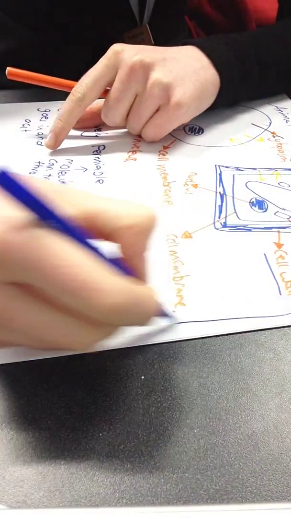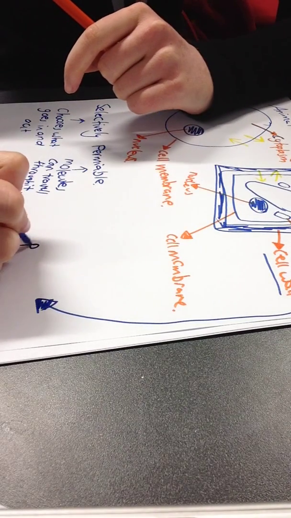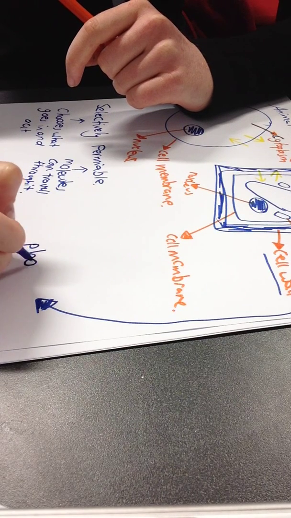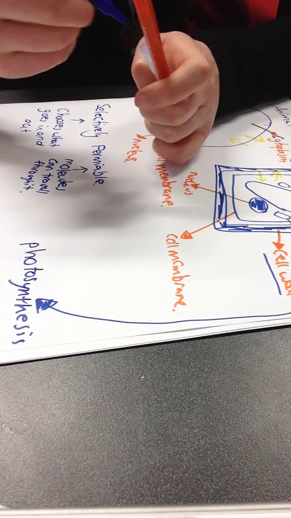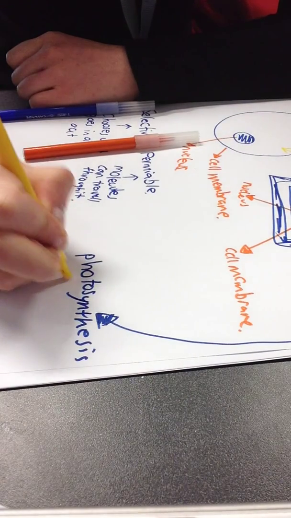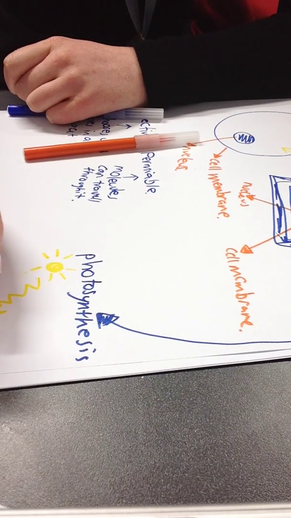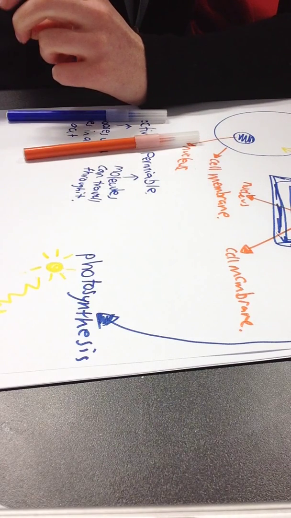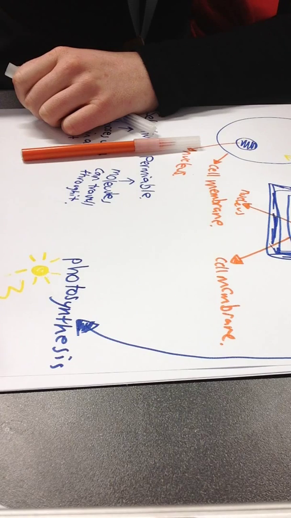So let's do a little quick thing on photosynthesis. If we bring this down here, we're going to go over photosynthesis a little bit more. So if we just write here, photosynthesis. Basically, you take the sun. Sun rays come down, they hit the plant. Here's my little plant, here's my tree.